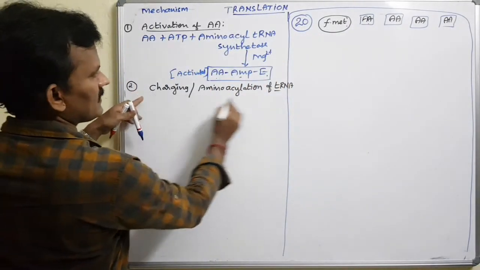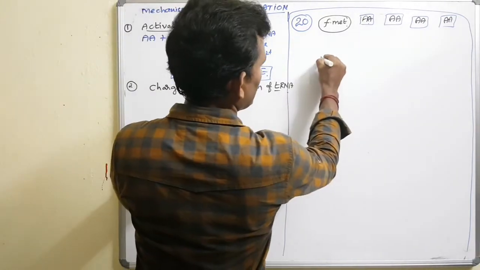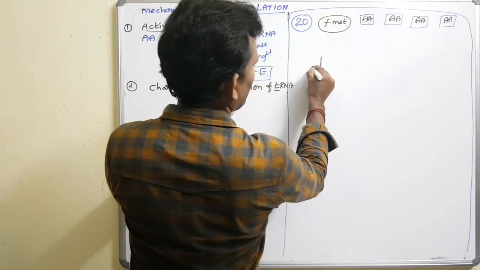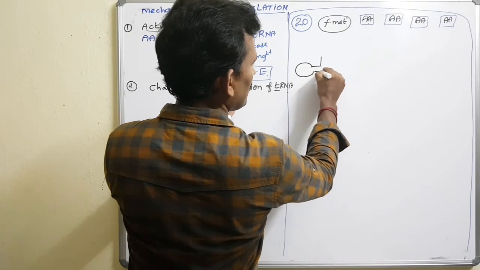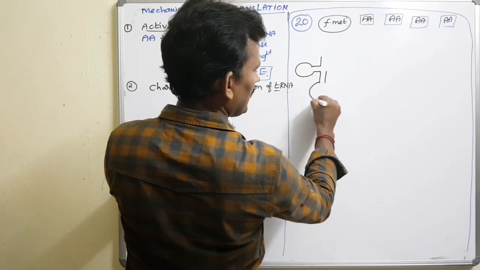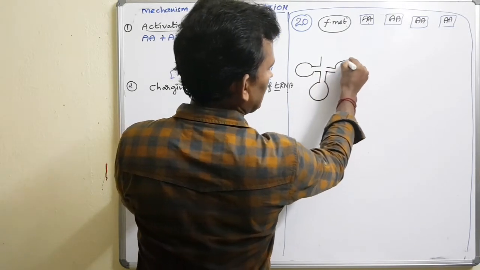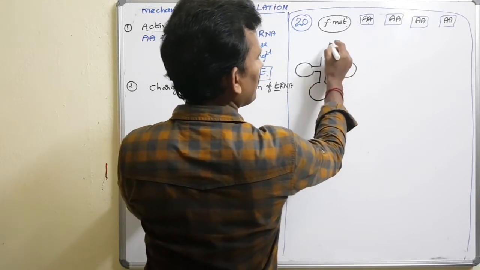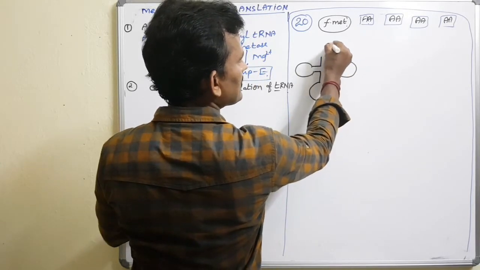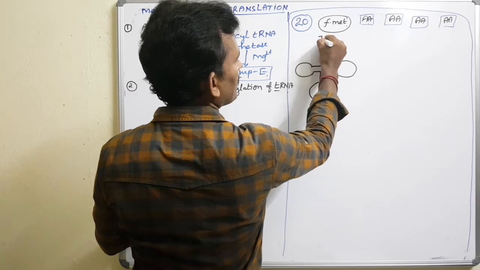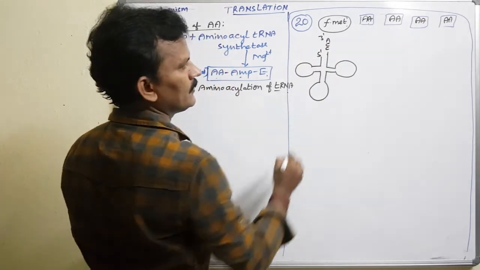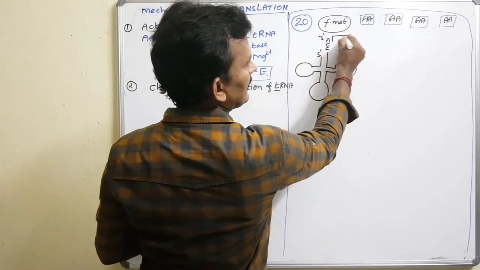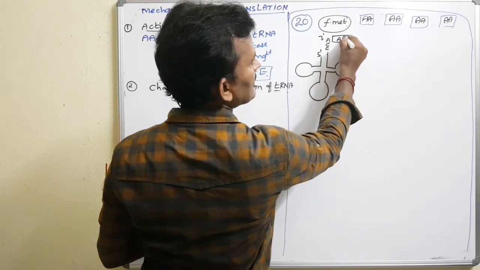Second, the charging of the tRNA. This is the 5 prime end, this is the DHU loop, the anticodon loop, the T-psi-C loop, and the third one is the terminal CCA, the 3 prime end. At A, this site is the amino acid binding site.